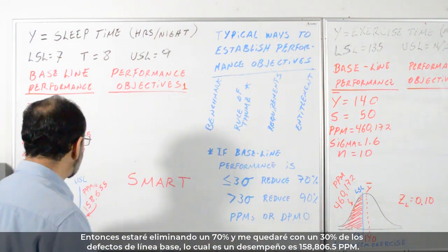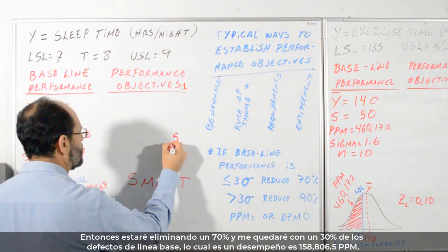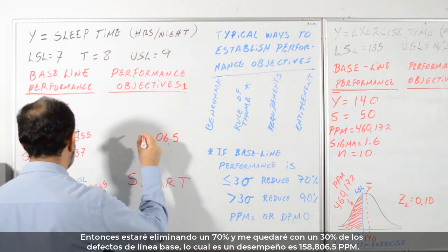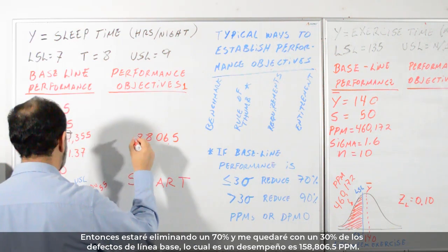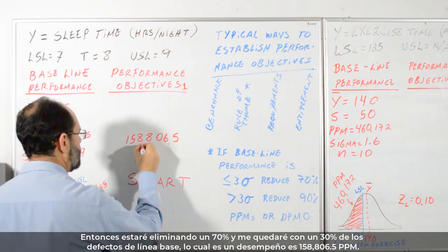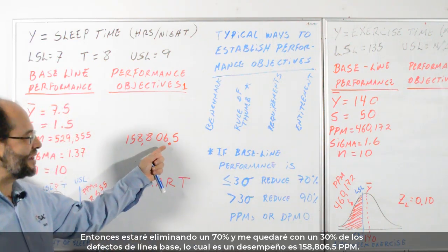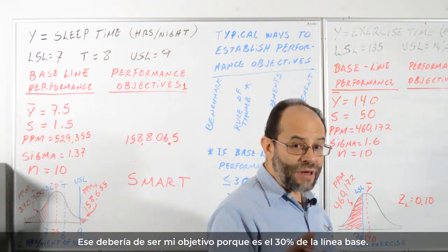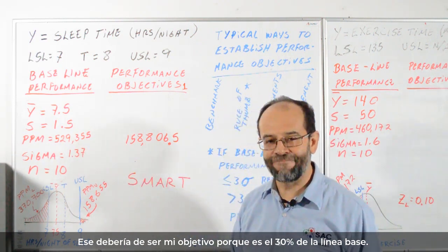Basically, that performance is 158,806.5. And that should be my objective, because this is 30% of the baseline.